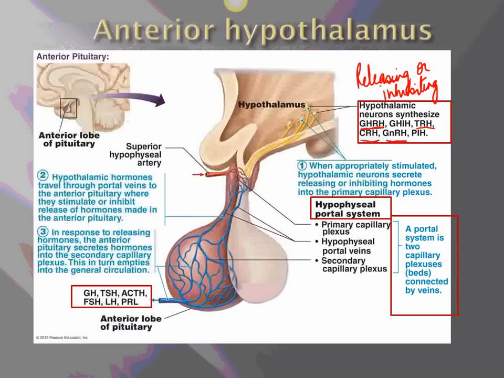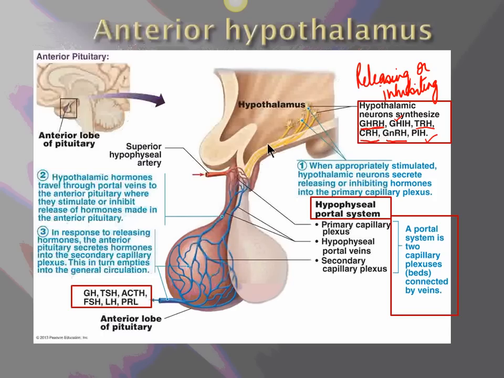Those are the releasing hormones. The inhibiting hormones are growth hormone inhibiting hormone and prolactin inhibiting hormone. So when stimulated, the neurons here in the hypothalamus release either the releasing or the inhibiting hormones.